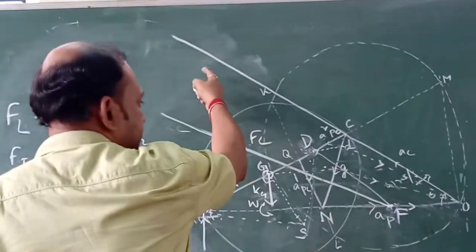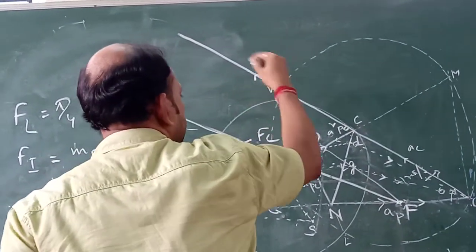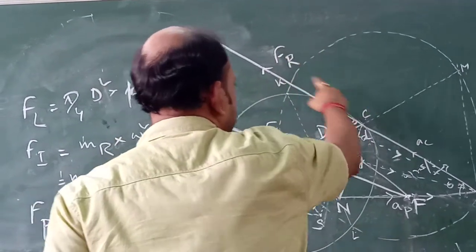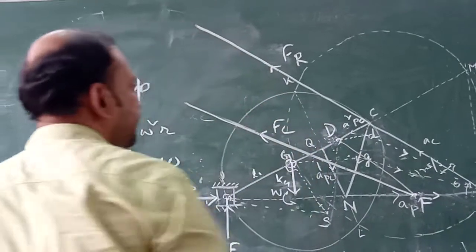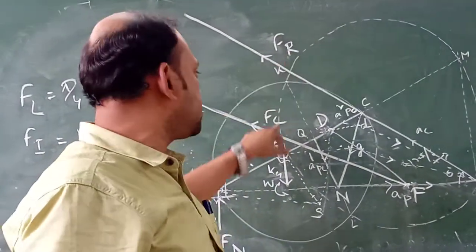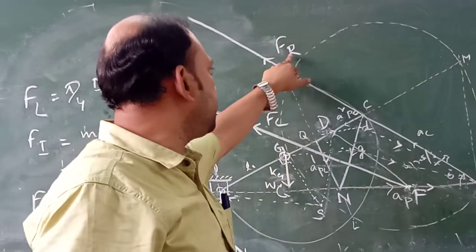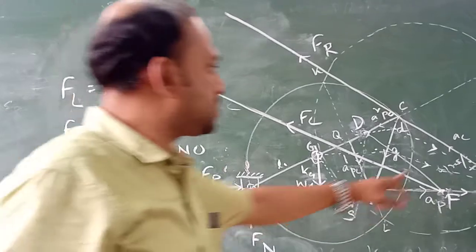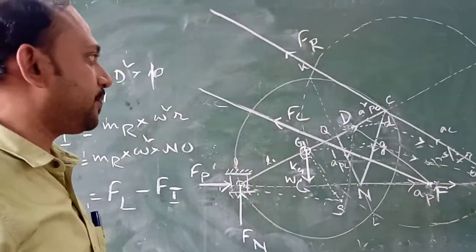In this direction, there will also be another force, that is the force of the crank, which is represented by Fr. See, I am not representing this by Fc because in that case both of them will be Fc. So let us name this as Fr. That means the force acting on the crank.